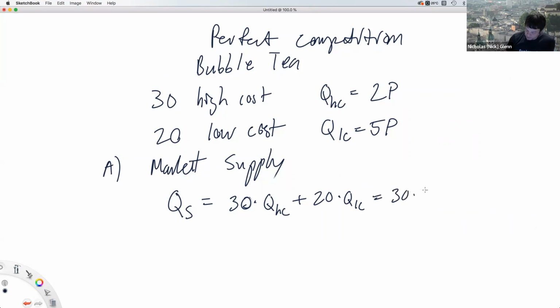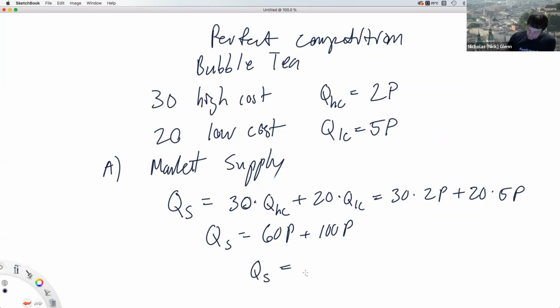So this is going to be 30 times 2p plus 20 times 5p. And what is that going to give us? 30 times 2p is 60p, plus 20 times 5p is 100p. All right, so our market supply can be represented by 160p.